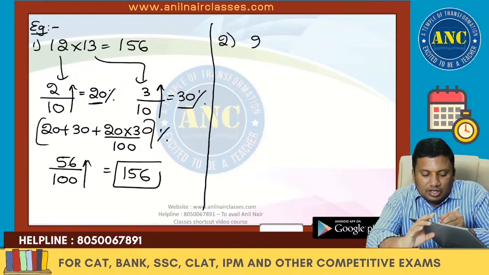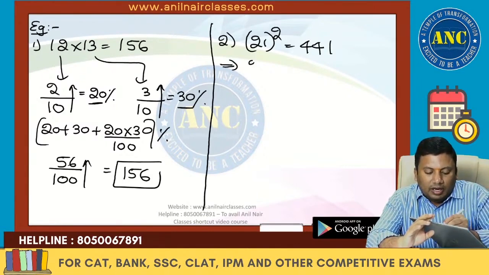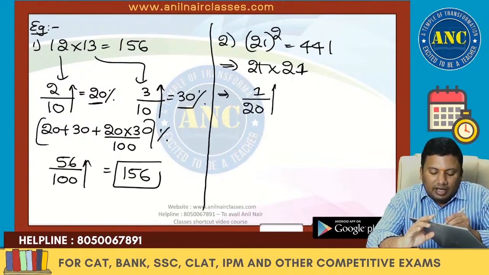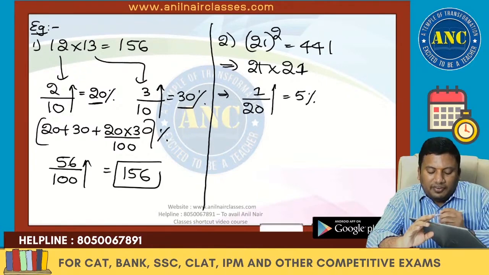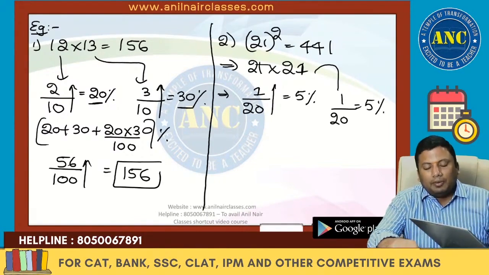Suppose it is 21 square. 21 square is nothing but 441. This is nothing but 21 into 21. On 21, there is an increase of 1, which is nothing but 5 percentage. Again it is an increase of 1 on 21, which is nothing but 5 percentage.